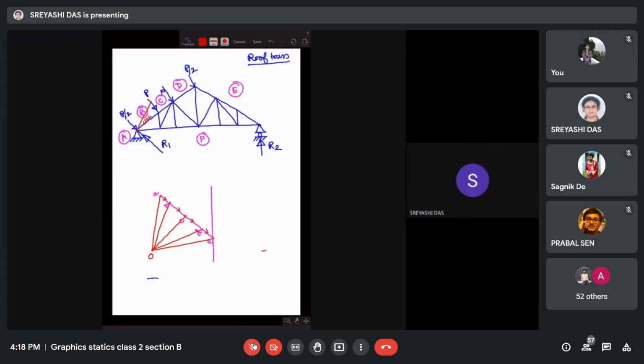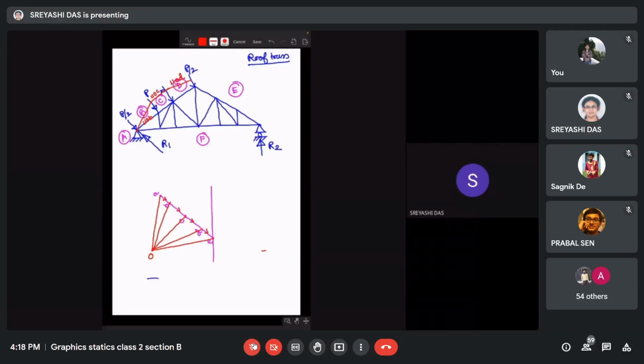Now parallel to OC. So this is parallel to OC. Now parallel to OD in the D space. This is parallel to OD in the D space.